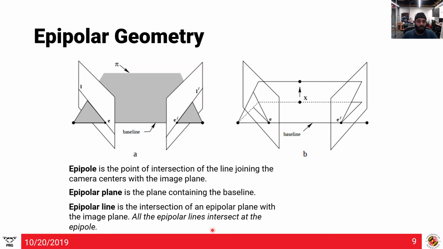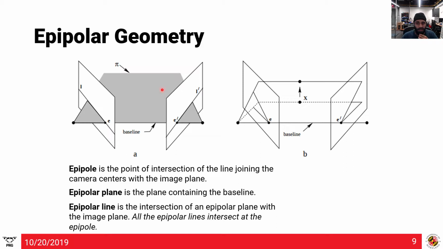Now let's say that only x is known, not x dash, just x. We know that the point x dash lies in the plane pi, which is governed by the camera baseline CC dash. Hence the point x dash lies on the intersection of line L dash and pi with the second image plane, right? You can see this intersection of this line and this plane.